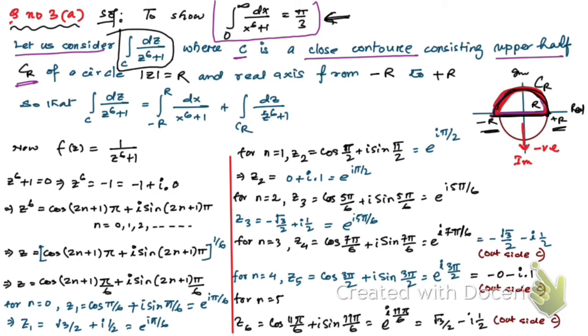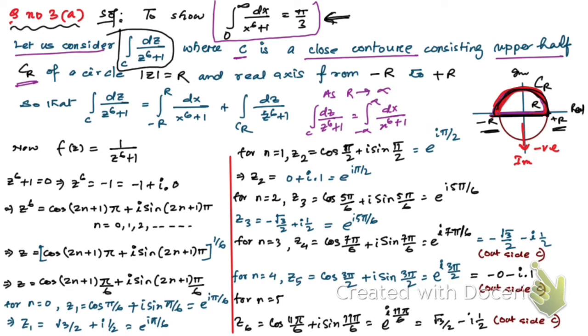These are real numbers. As r tends to infinity, the integration over C of dz by z to the power 6 plus 1 is going to be equal to the integration from minus infinity to plus infinity dx by x to the power 6 plus 1. These two are equal.